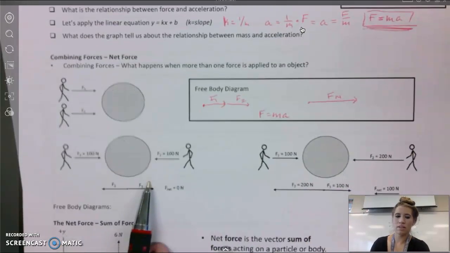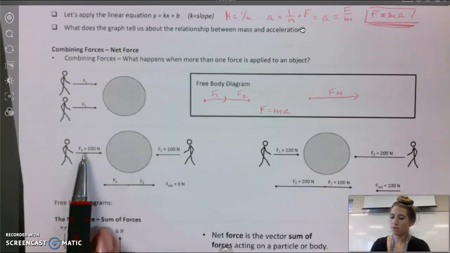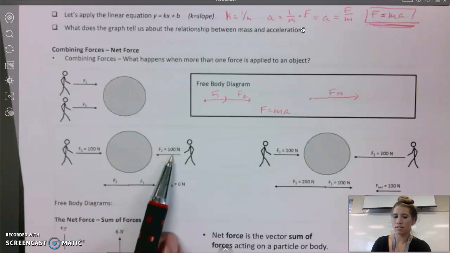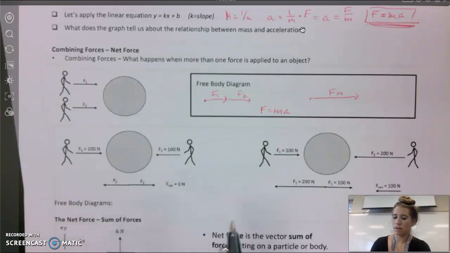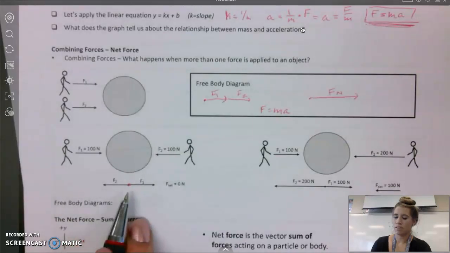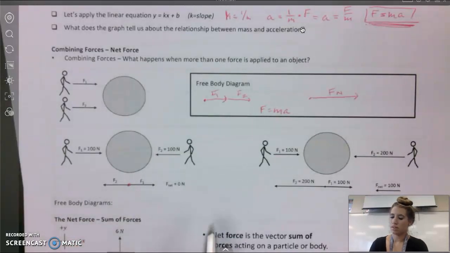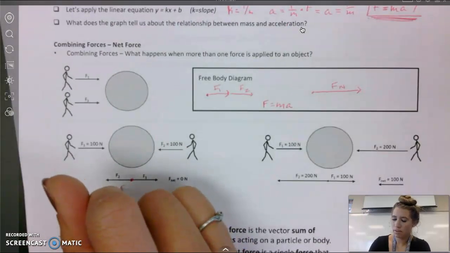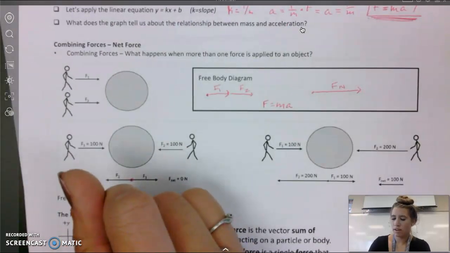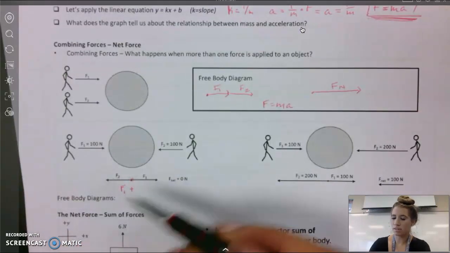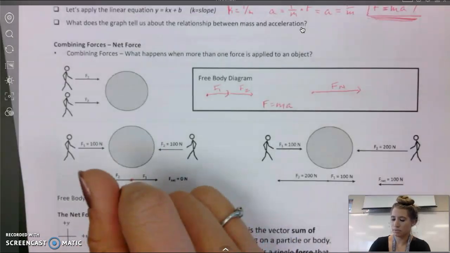And so when we look at this one, we have 100 newtons of force to the right, 100 newtons of force to the left. And so this is what my free body diagram would look like. And so I'm going to choose to the right to be positive. So I'd have a positive F1, and I'm adding that to a negative F2 because it's in the negative direction.